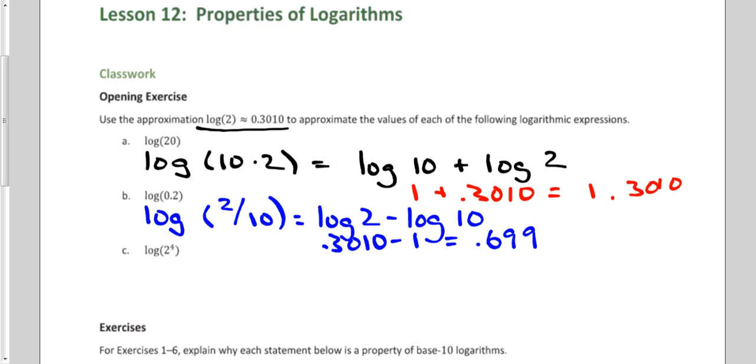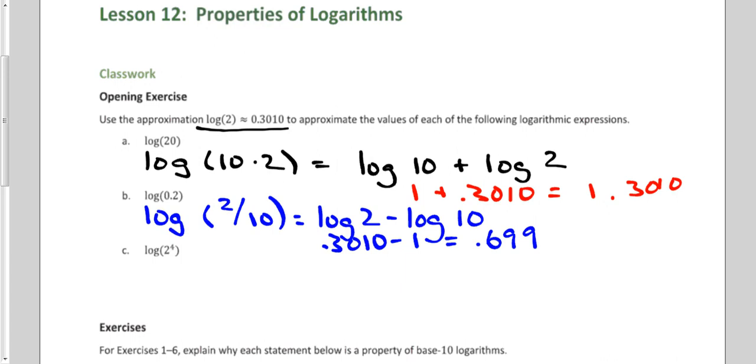Now, how would I do this one? Everybody do C on their own. There is an exponent. How do I do exponents? Come on, Brett. You've done this all your life. 2 to the 4th is 2 times 2 times 2 times 2, right?